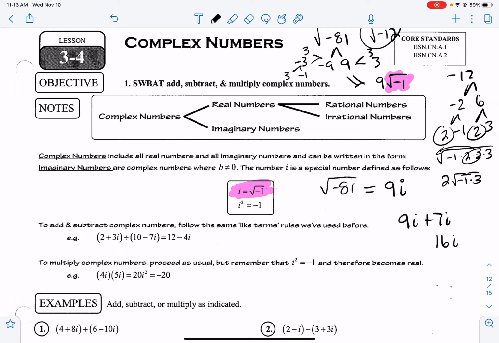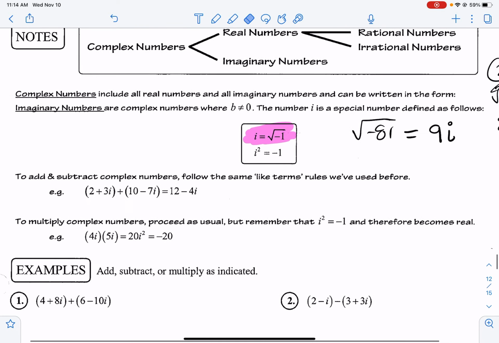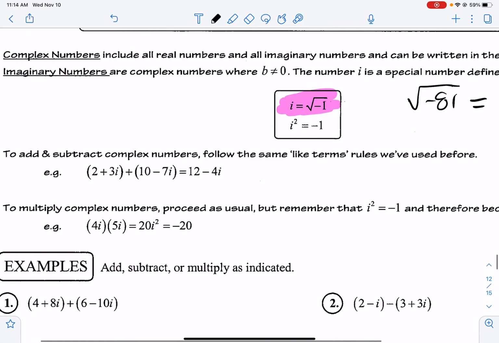x represents a number. It just represents a number that doesn't exist in the real world, that causes some issues when we are trying to do math. But it does represent something that we know, the square root of negative 1. So because it acts like a variable, this first example shows you that you can actually add these numbers together.